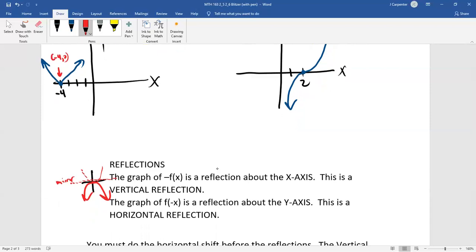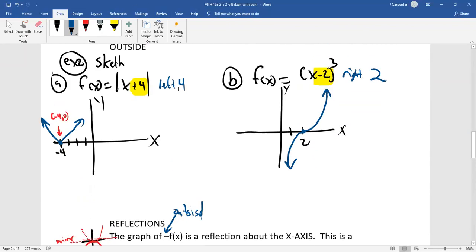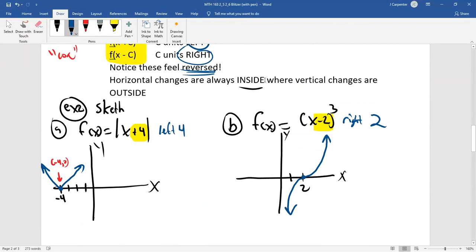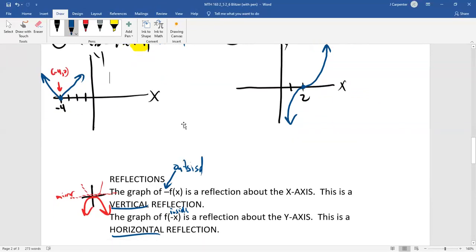Versus if you have a negative in front of your x inside the core. So again, this first negative is outside, which is why it's a vertical reflection. This negative right here is inside, which is why it's a horizontal reflection. So once again, all horizontal changes are inside, all vertical changes are outside.